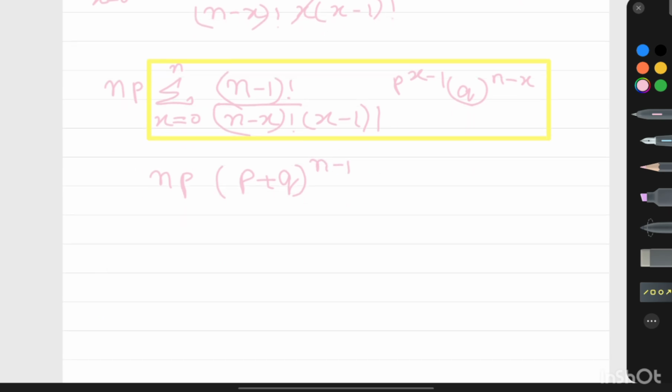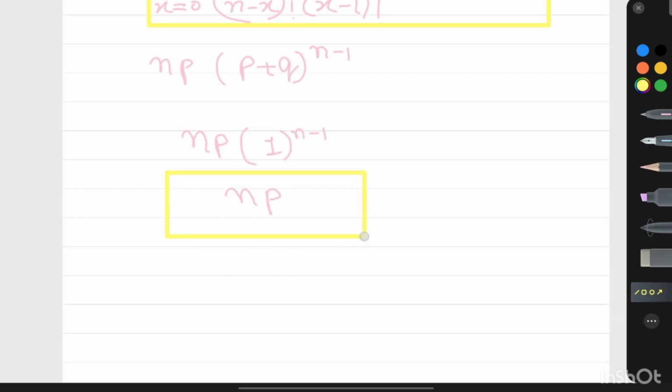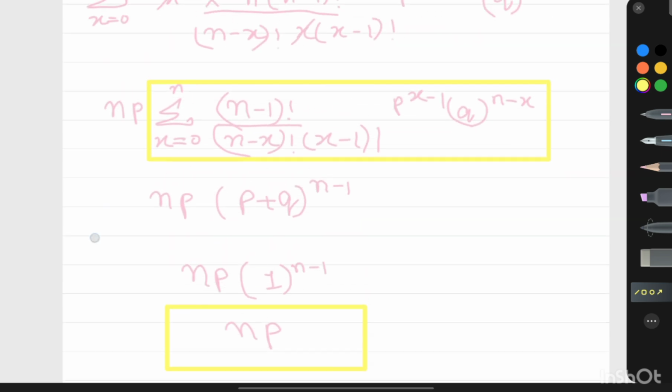So you already know that p plus q is equal to 1, because the sum of total probability is equal to 1. Okay, so we will write this as 1, and 1 to any power is only 1. So this is the derivation of the mean of the binomial.